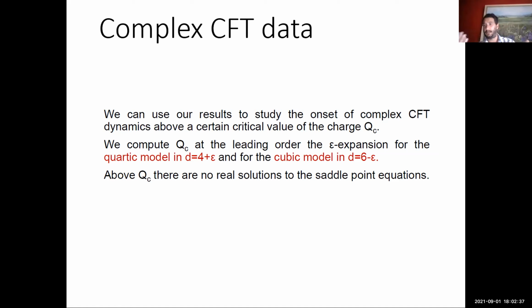How do we determine this critical value of the charge? Well, the point is that above the critical charge, there are no real solutions to the equation of motion. Then we look for the value of the charge that allows for real solutions to the saddle point equation. And this way we determine the critical charge.